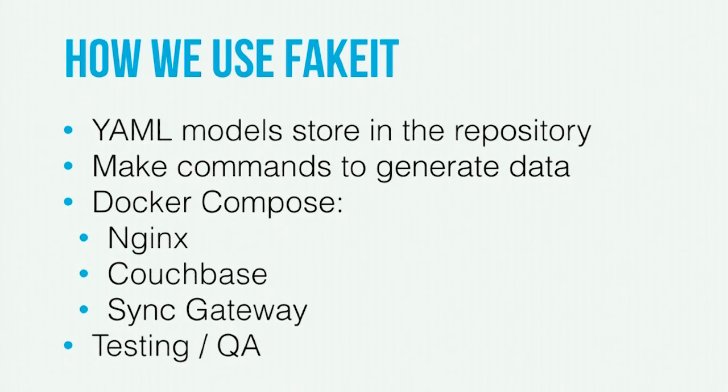They don't have to know anything, in this case, even about Couchbase or Sync Gateway or their model. They know what the models are because we've documented them with descriptions, but they don't need to know how it all ties together. They just run this command. They have a few thousand documents now that they can play around with syncing and authentication and things like that from their builds. They've been really, really handy.